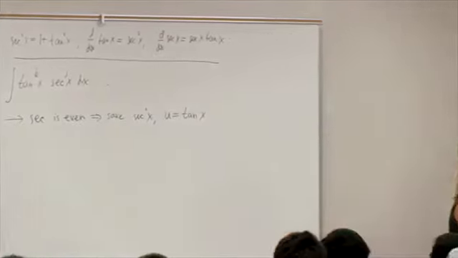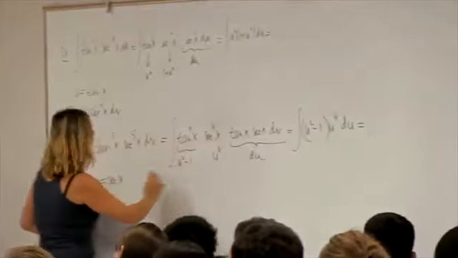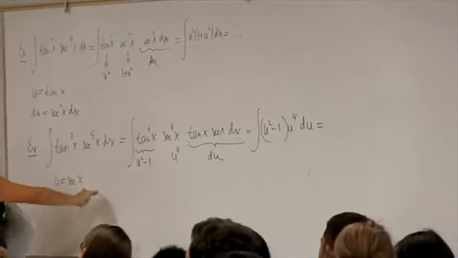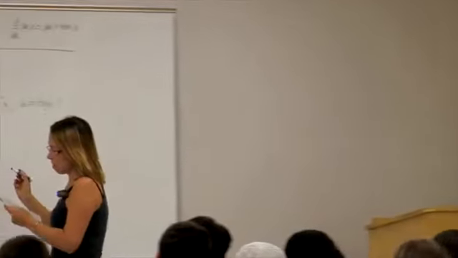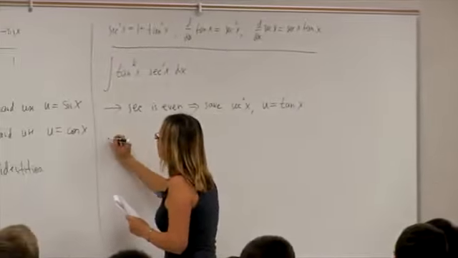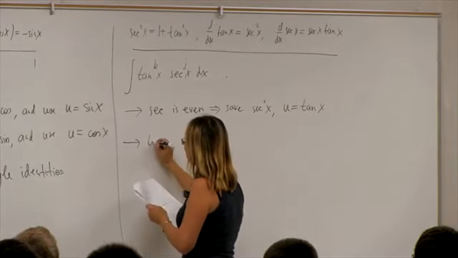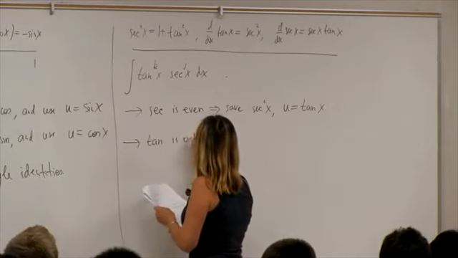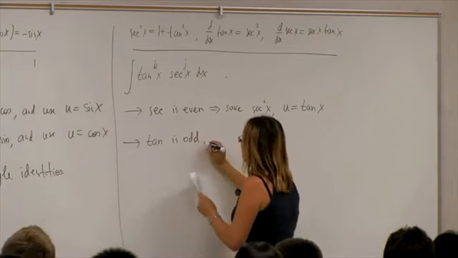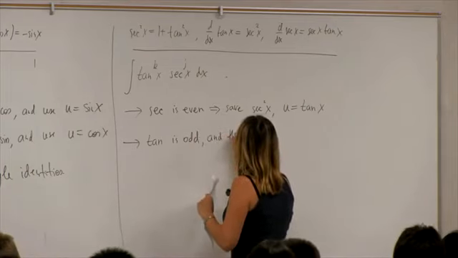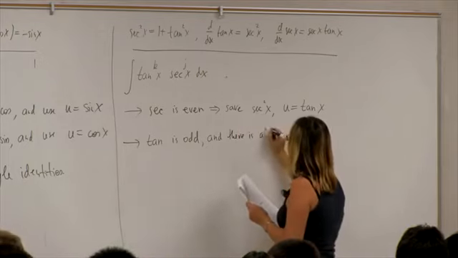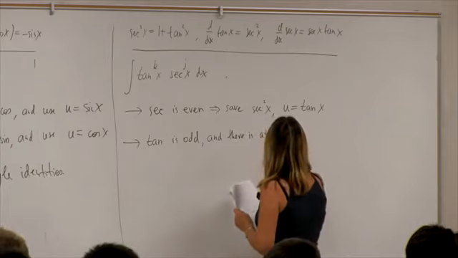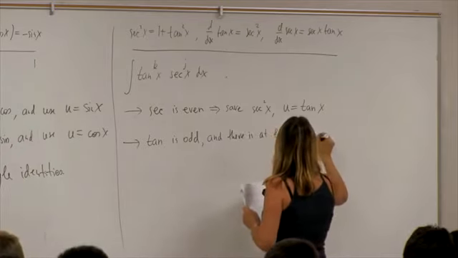In the second example, I saved one power of tangent, one power of secant. So my variable was secant. So I want the tangent to be even. So the remaining tangent is even. So I have to start with tangent odd, and there is at least one secant.